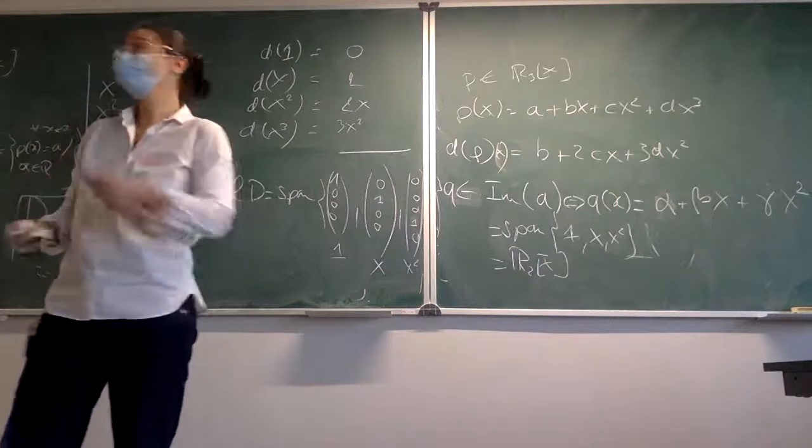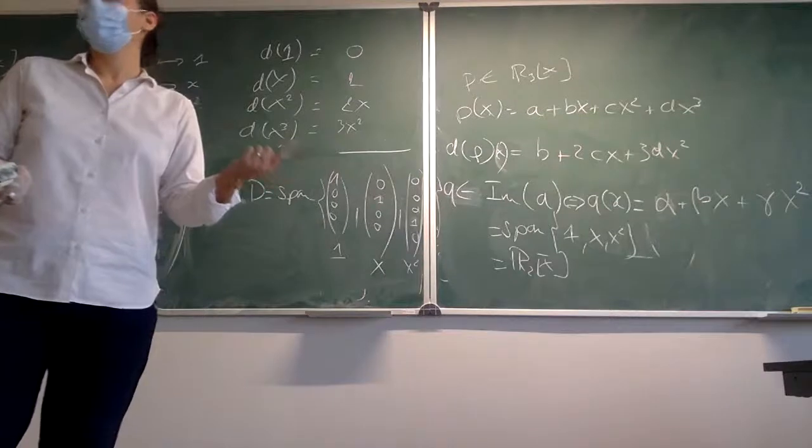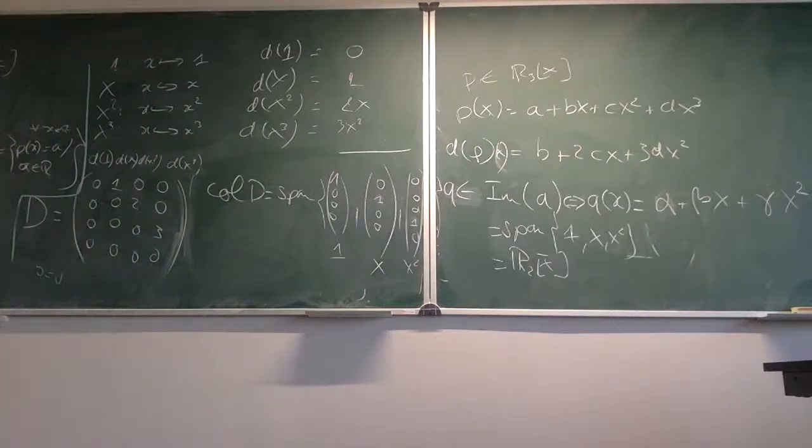Right? So great. So if we are here, what do we know if we answer the injectivity and surjectivity questions? So it's an endomorphism because it goes from one space to itself. It is not injective because the kernel contains non-zero elements. And it is not surjective because the image is strictly included in the codomain.